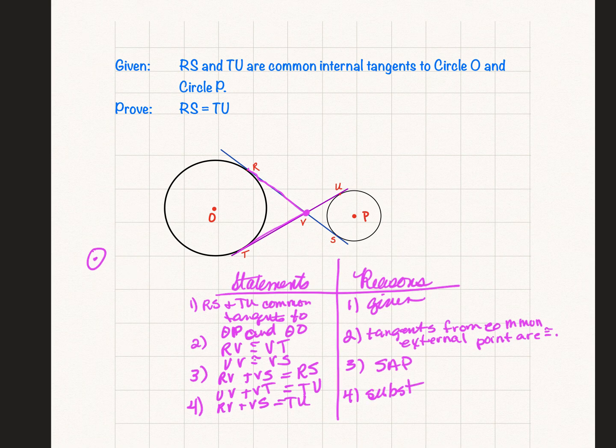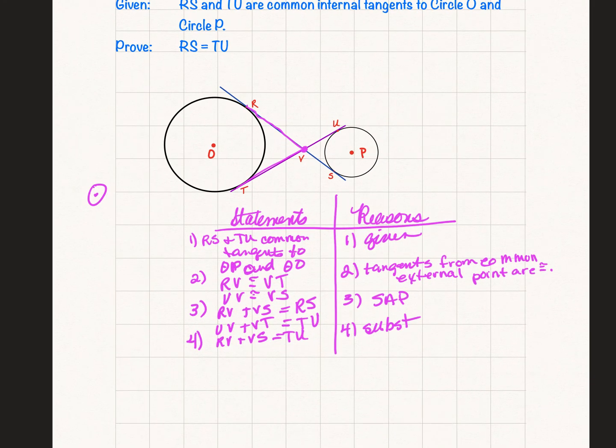That allows me for my fifth step to say then that RS equals TU, again by substitution. So if you can see what I did there, that's what we got.